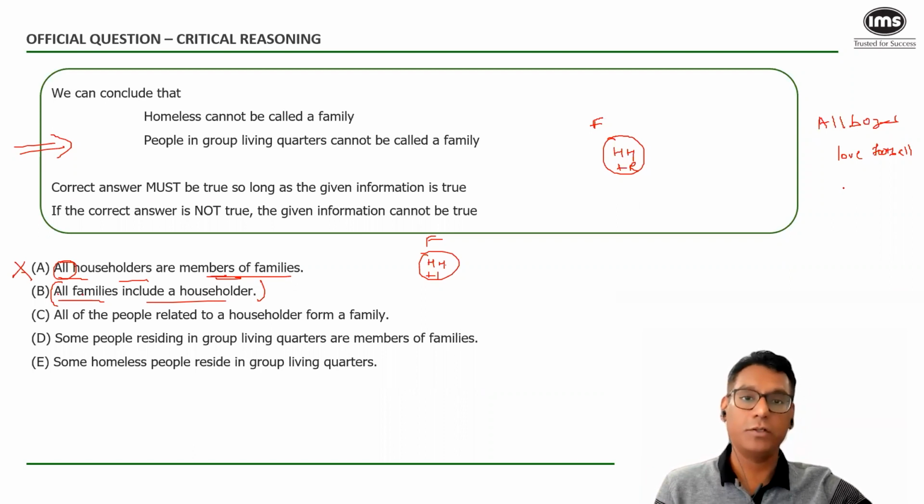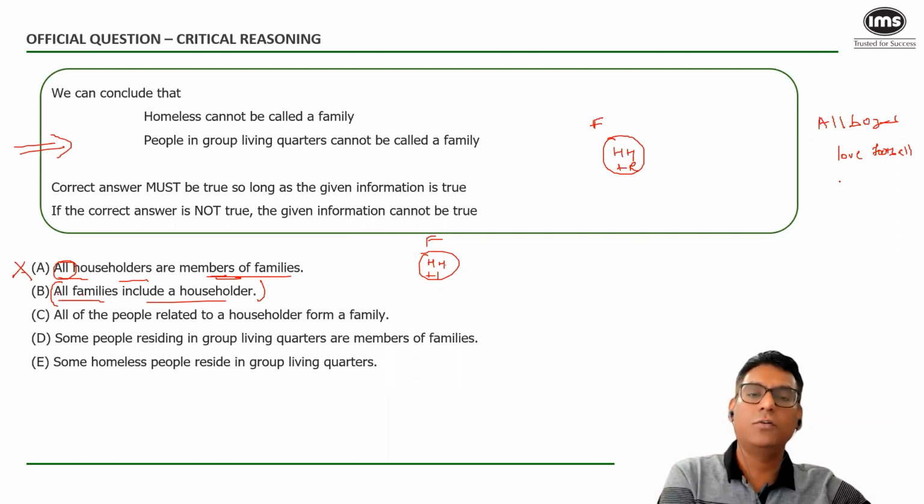And one boy is sufficient for me to break this logic. Correct. So the negation of all boys love football is there is at least one boy who does not love football, right? The negation is not no boy loves football. Now many students make that mistake. That is an extreme case. No boy loves football is an extreme negation. We don't want that. We just want the negation.